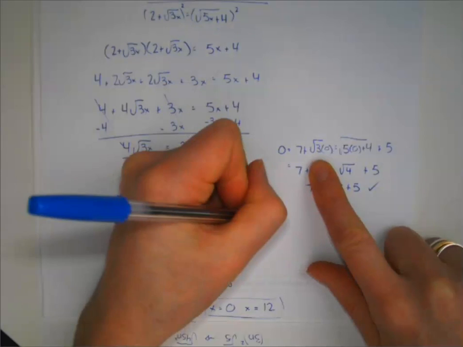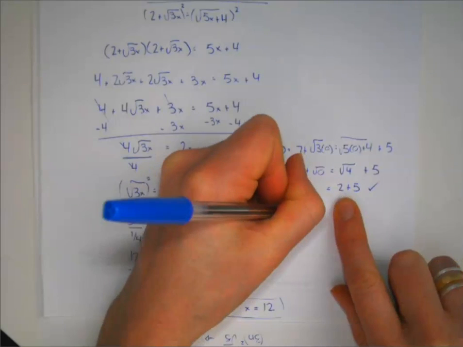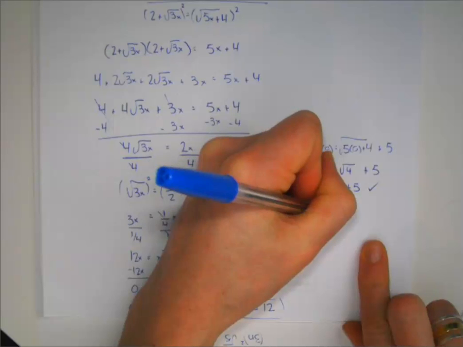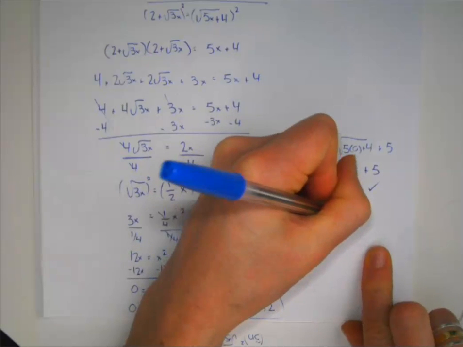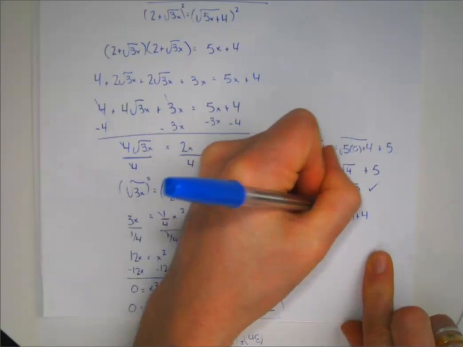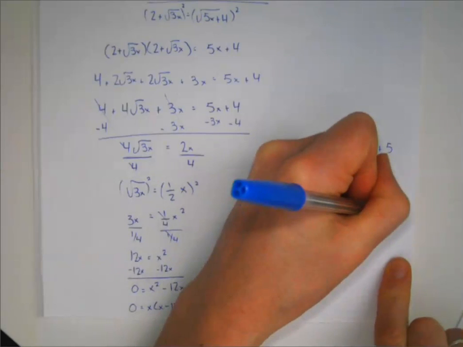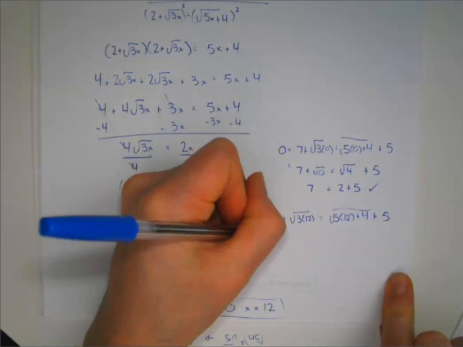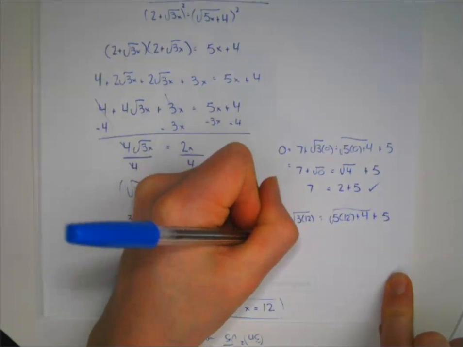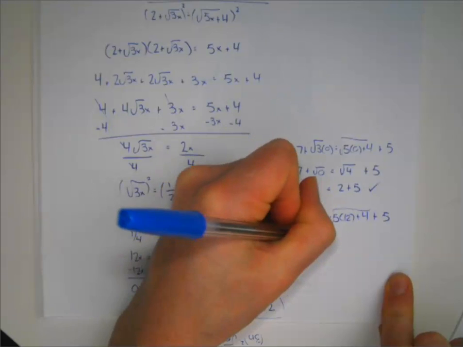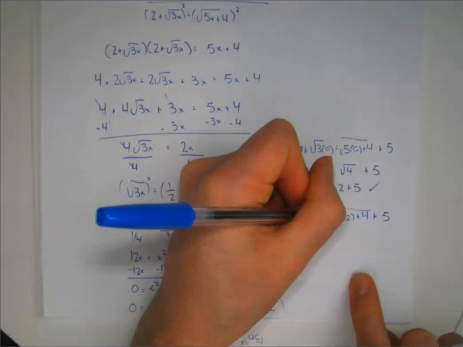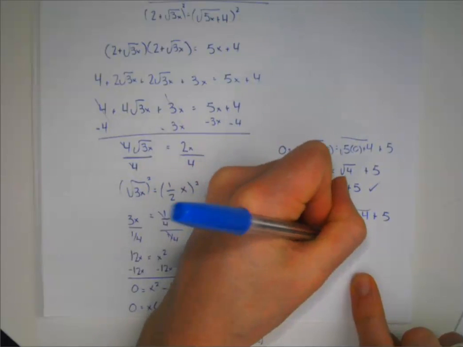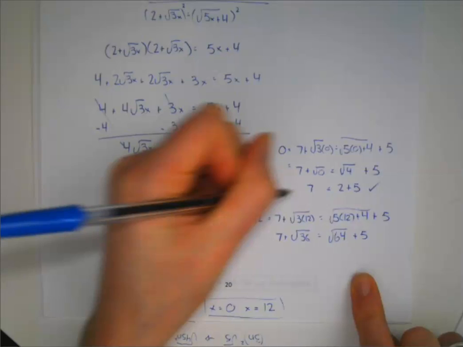So again, just fill it in. 7 plus root 3 times 12 is equal to 5 times 12 plus 4, all under the radical, plus 5. So 3 times 12 is 36. So 7 plus root 36 is equal to 5 times 12 is 60, plus 4 is 64, plus 5.